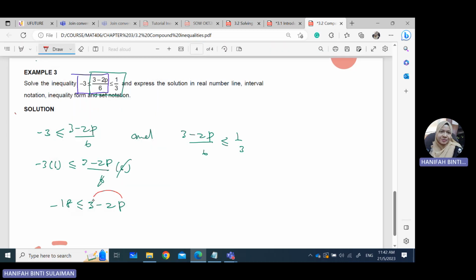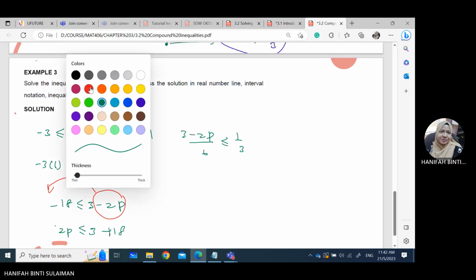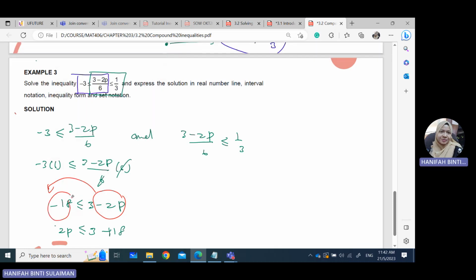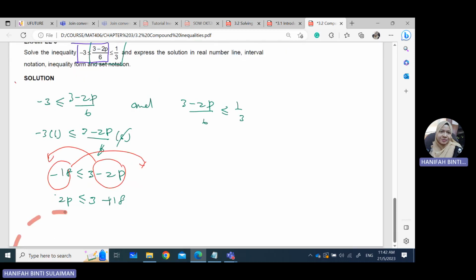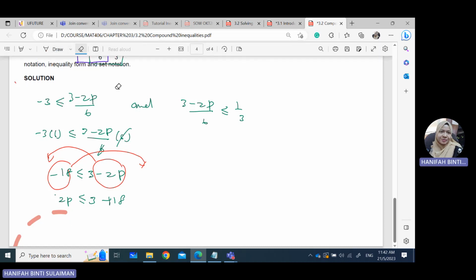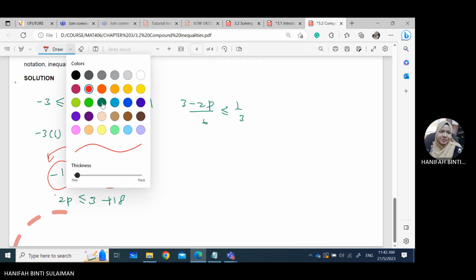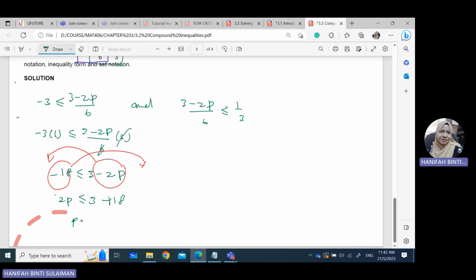Yang ini kita boleh pindahkan ke sebelah lah. Dapat 2P less than or equal to 3 plus 18. Plus 18 pindah sebelah dia akan jadi plus lah. Okay, so P is less than or equal to 21 over 2.